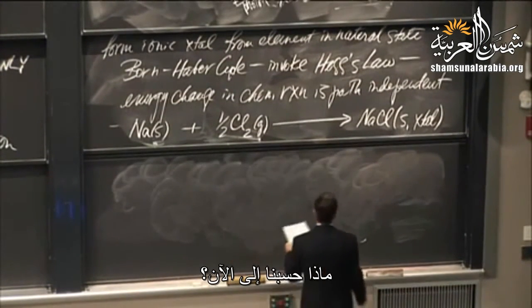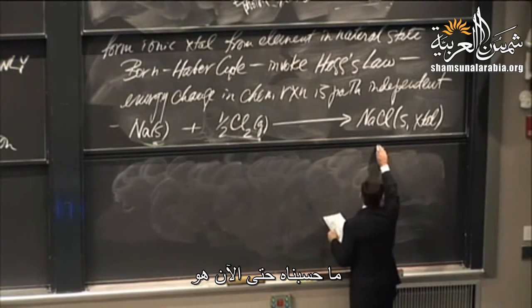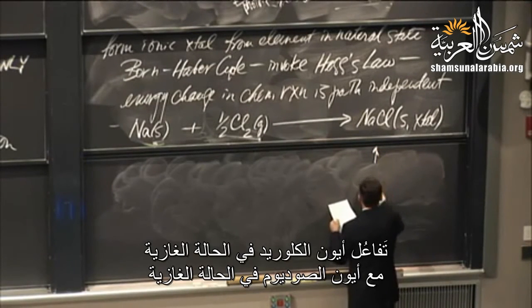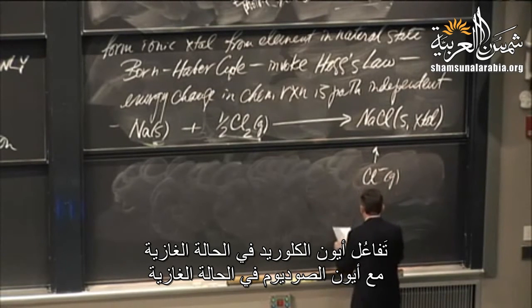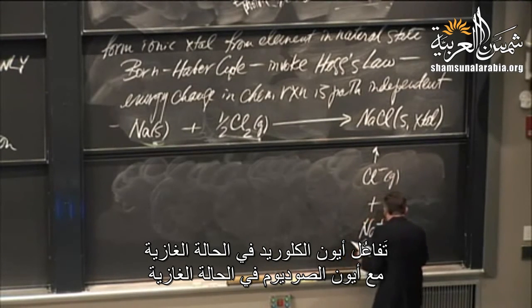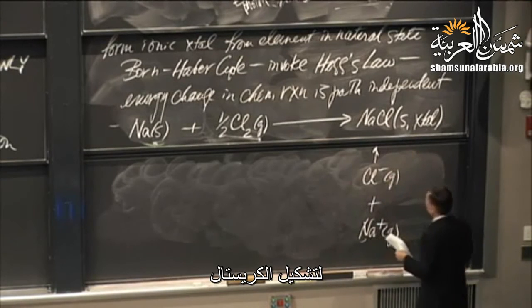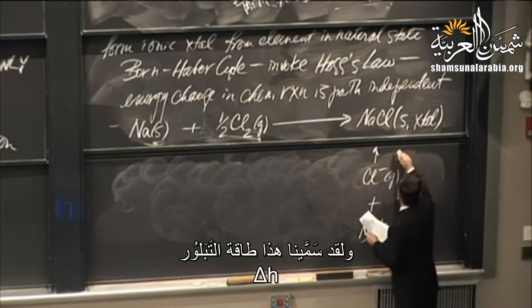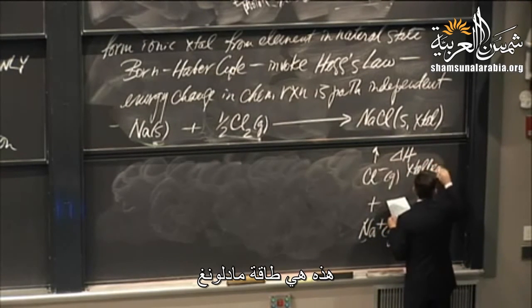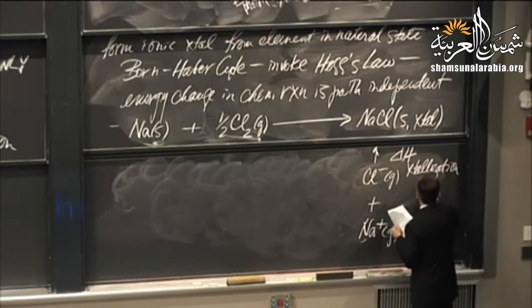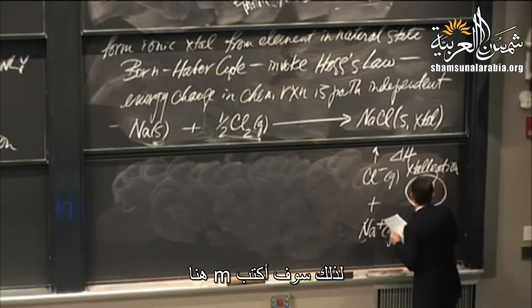What have we calculated so far? We've calculated chloride ion in the gas phase plus sodium ion in the gas phase reacting to form the crystal, and we've called this the energy of crystallization. That's this Madelung stuff. This is the Madelung energy here, all right? I'll even put M here, Madelung energy.